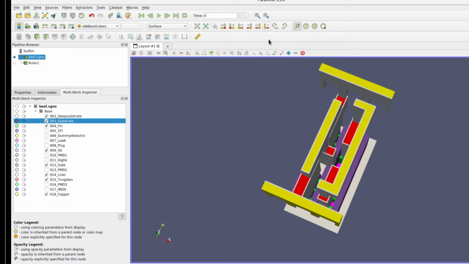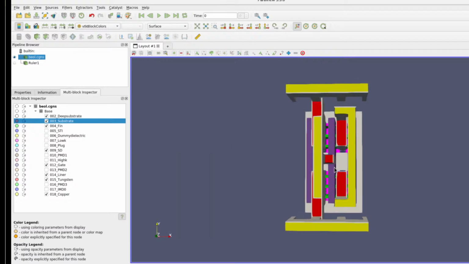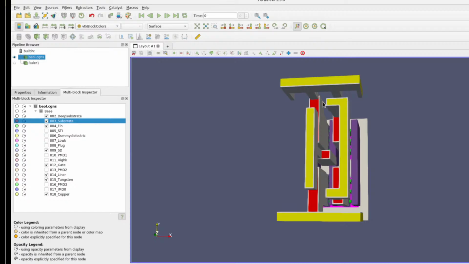Maybe you can find that this M1 is crossed 90 degrees in its direction.